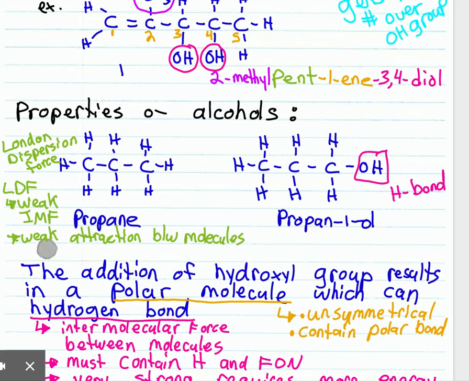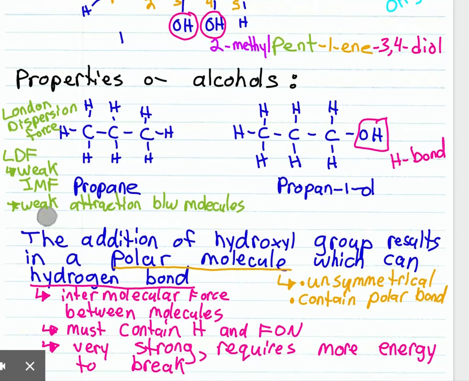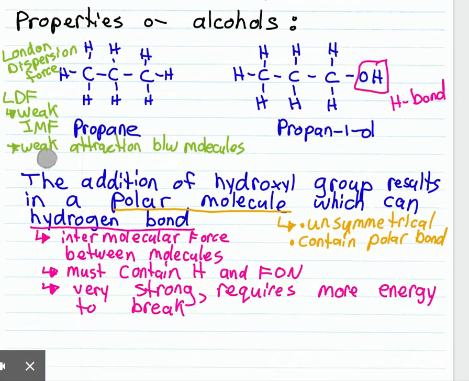Now, the other thing that is really important here is that because of this polarity, this hydroxyl group is capable of hydrogen bonding. Okay, so I'm just going to scroll up so we can see this. So remember that a hydrogen bond is the really strong intermolecular force between molecules. Okay, it's the strongest one.